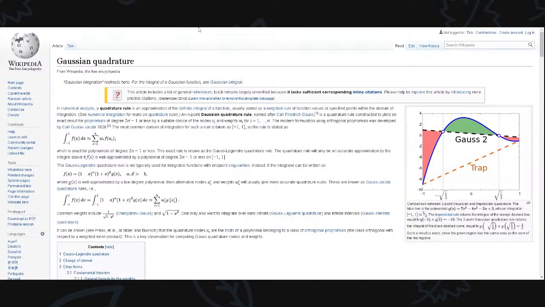So can you get the answer, based on the information about Gaussian quadrature?